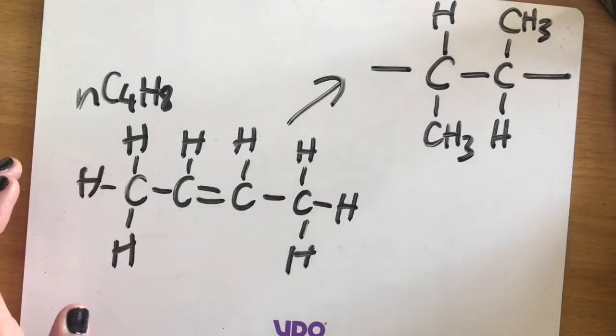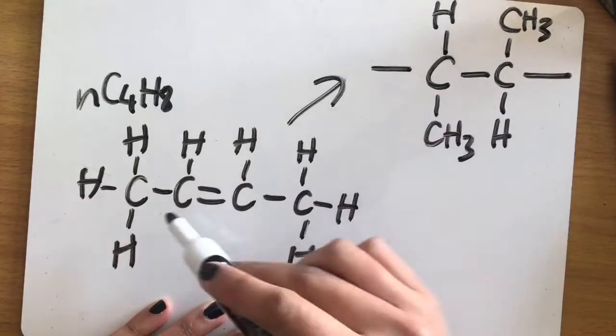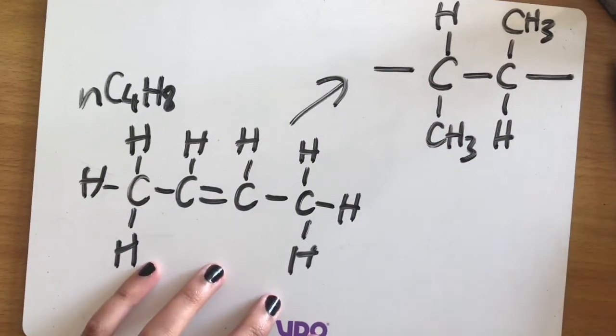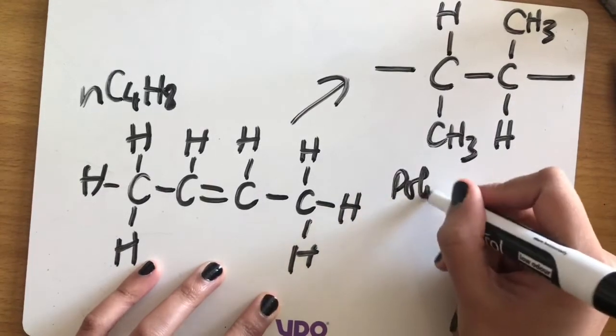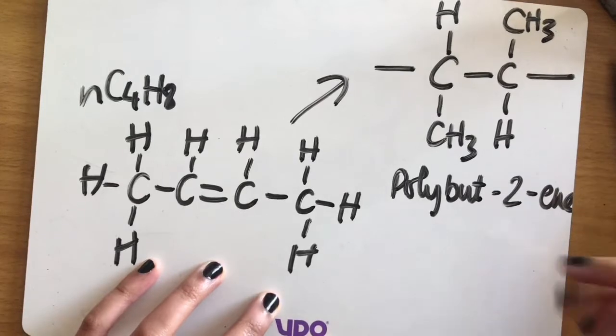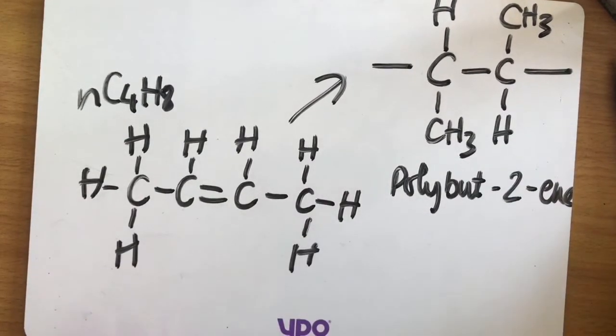Now, because it's symmetrical, so the structure that would have formed this is but-2-ene. So our polymer name will be poly(but-2-ene). Not just polybutene, because you need to show that the double bond was actually between the second and third carbon.